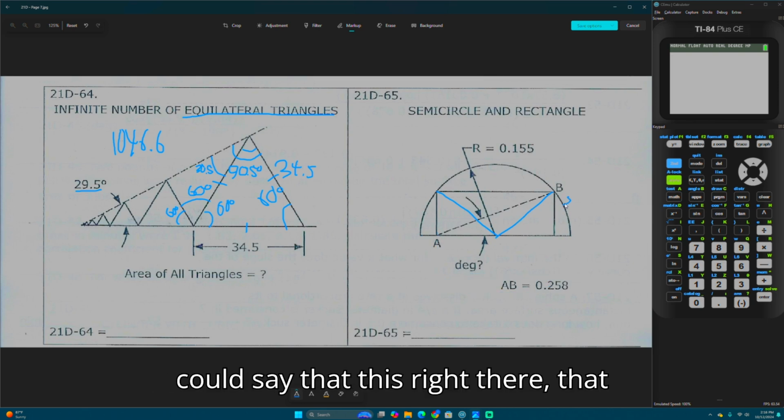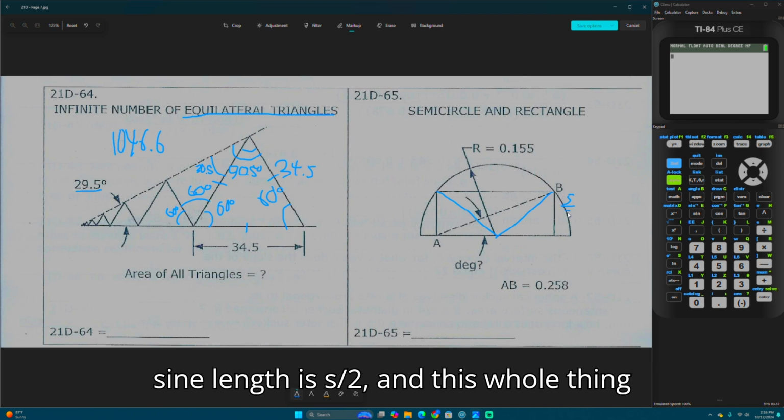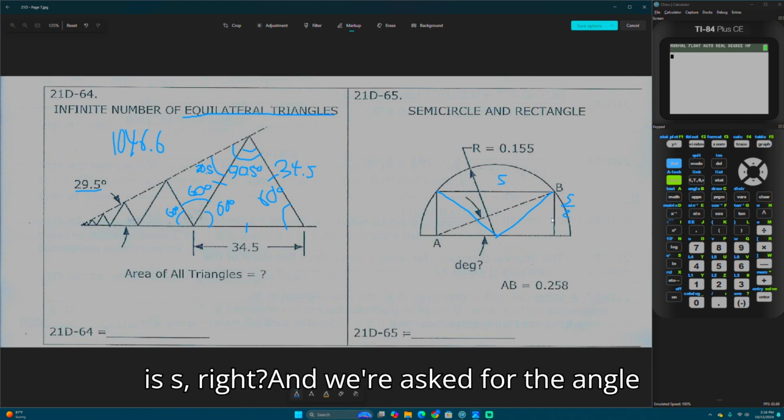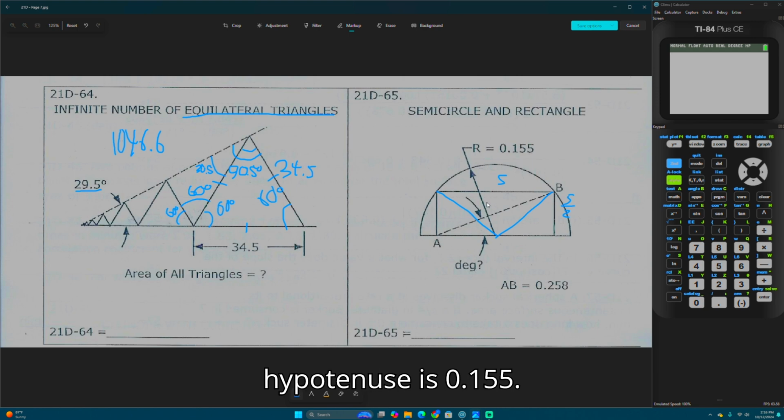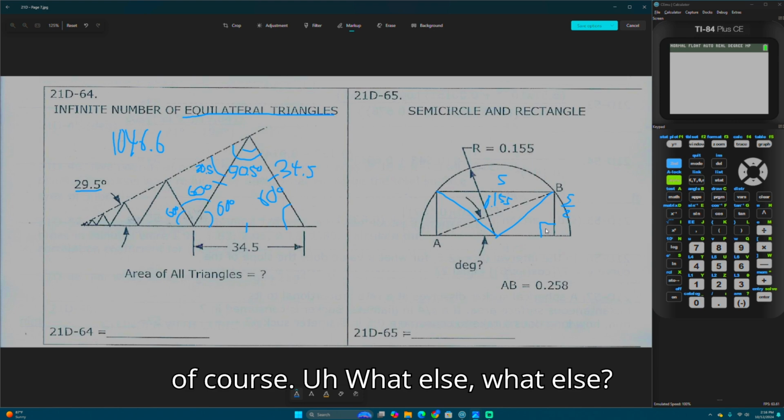So we could say that this right there, that side length, is s over 2, and this whole thing is s, right? And we're asked for the angle right there. And we know that the hypotenuse is 0.155. And then that's 90 degrees, of course. What else?